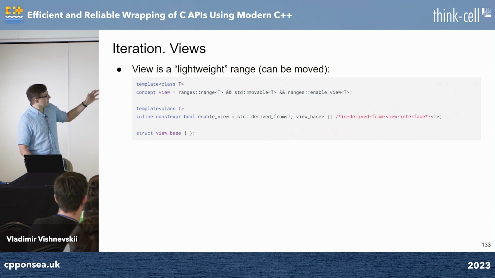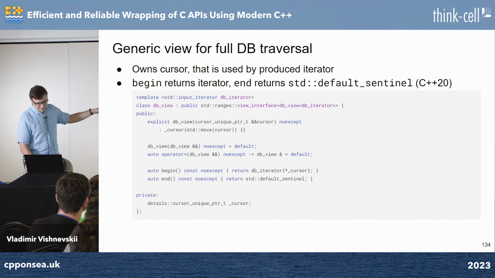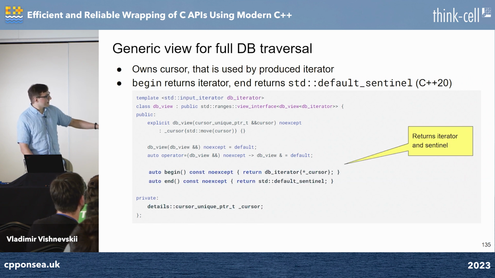In our case, we will use a kind of lightweight proxy that we can make to be a view. There are also concepts for the view, and it is much better documented now. Our view that will be using the iterator will look like this. We will have just begin and end functions that return our iterator or default sentinel.